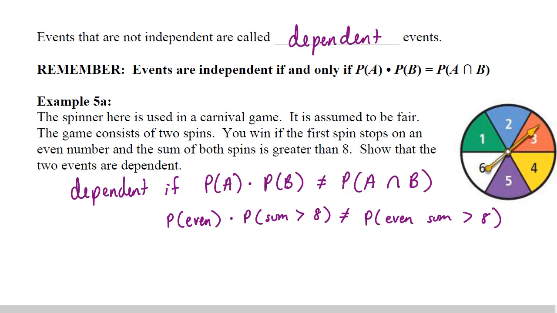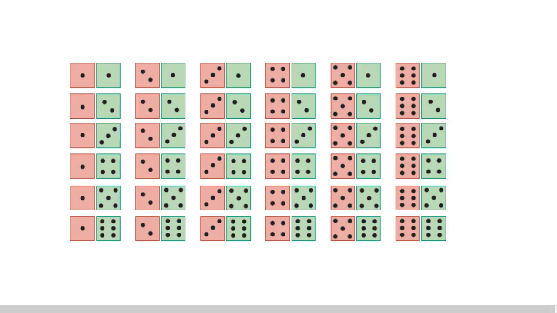Now, since we're dealing with the sum of our spins, we can go back and look at that dice card that I gave you. So let's take a minute to look at that. Even though this problem isn't talking about dice, it's dealing with 2 spins, and the spinner has 6 sections. So really they could have used dice in this problem instead of a spinner.